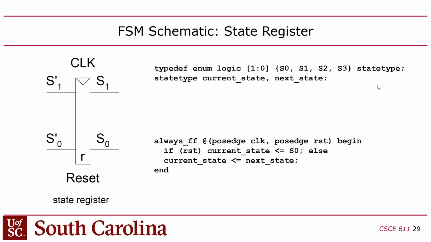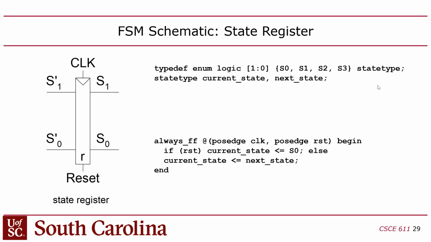And then I can say S0, S1, S2, S3 as the state type. Now, by the way, I can never remember that syntax. I always have to look this up, right? But you guys should be familiar with enumerated types from Java and C and C++. It's fairly typical. The idea is that you just give them symbolic names that represent numerical values, right?